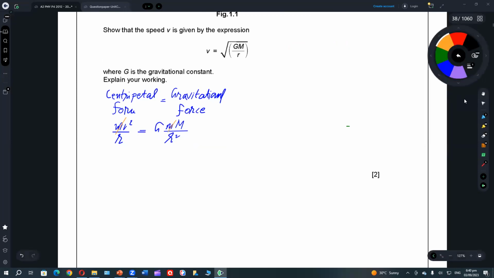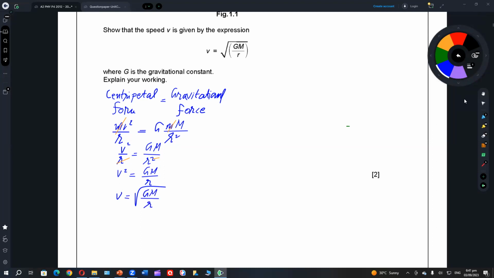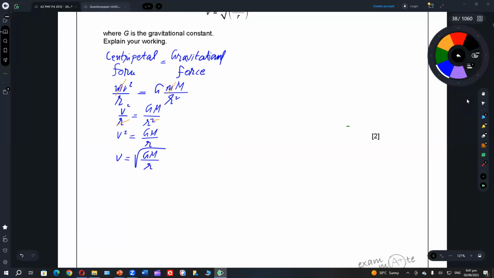And if you cancel it, then you can cancel r with r, one r as a variable also gets cancelled. This is the derivation. Copy it.